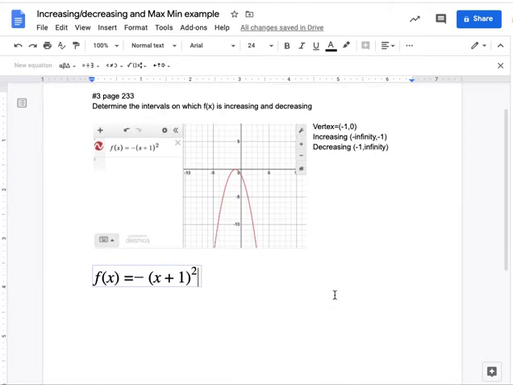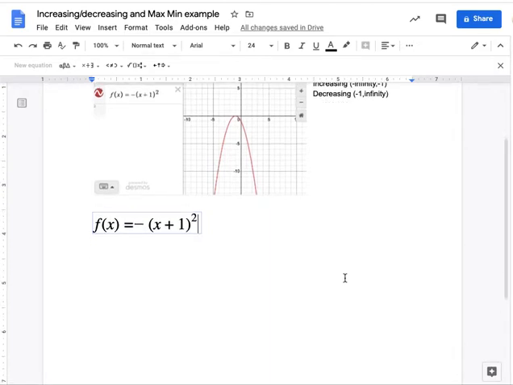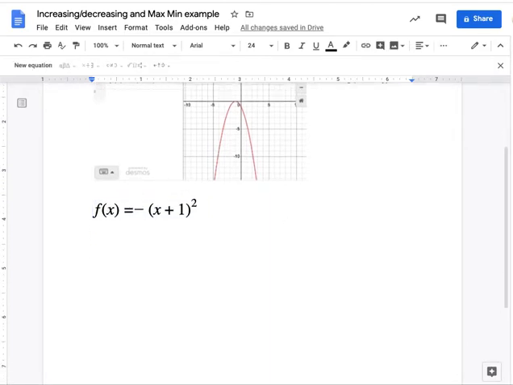And so now we're going to do this using calculus. And here's the most important thing: we've got to find something called a critical value. And critical values are anywhere that your derivative equals 0. Maybe we should label this.